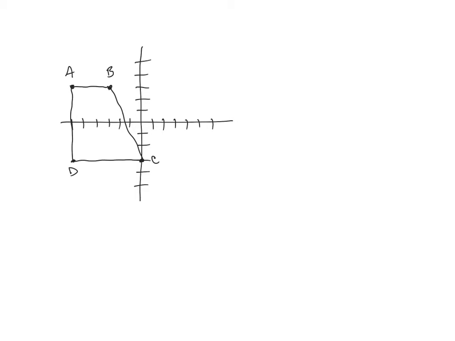And then this one to end with. So describe a similarity transformation that maps trapezoid ABCD to, let's go, WXYZ.